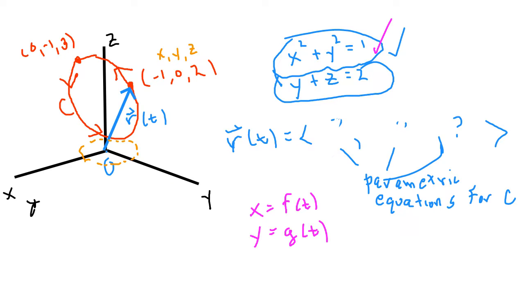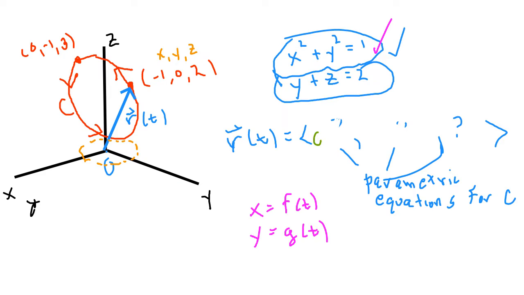So that might help us think about what the X and Y components are. What traces out a circle? What X component and Y component would trace out a circle of radius 1? Cosine.